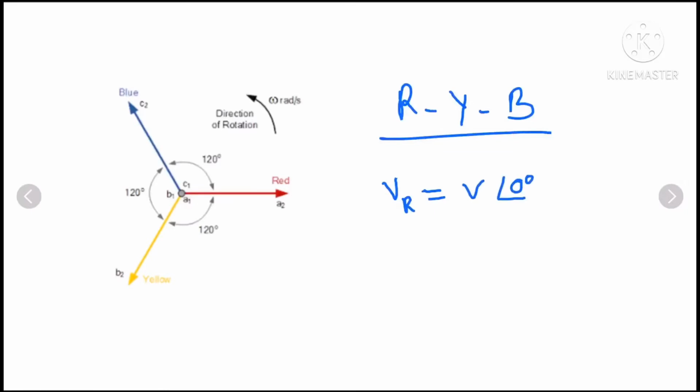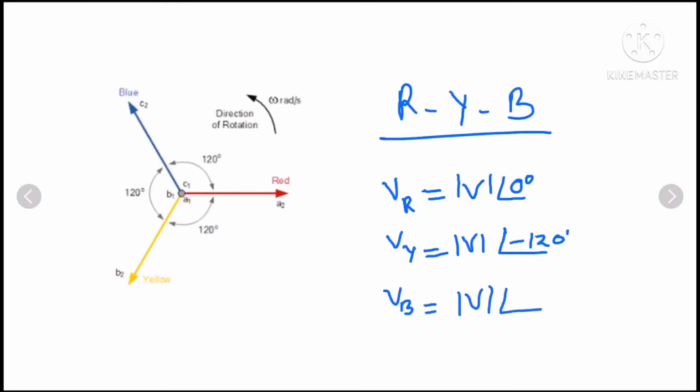Now for yellow, that is VY, it will have the same voltage magnitude but a displacement of minus 120. Similarly, VB will have the same magnitude but the angle will be minus 240, or it can be written as plus 120.